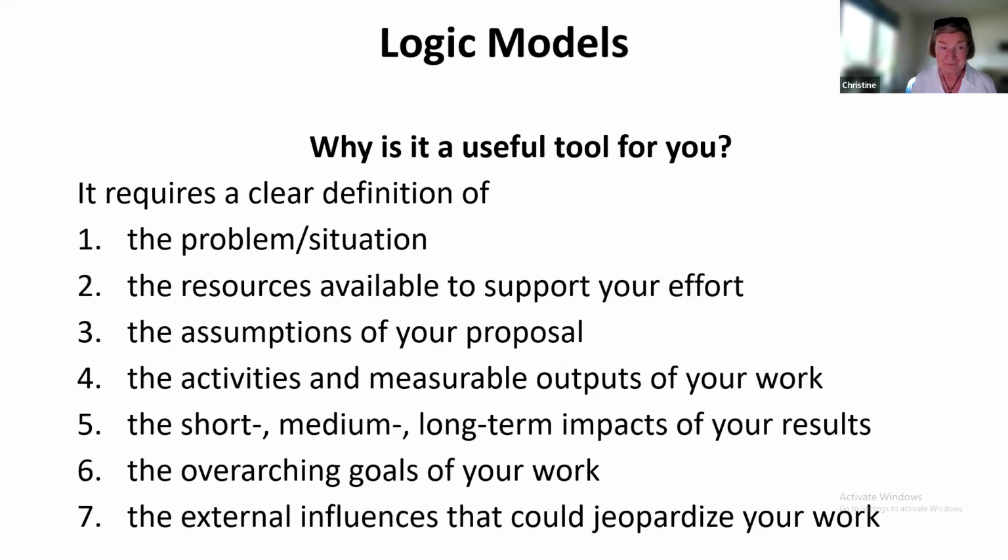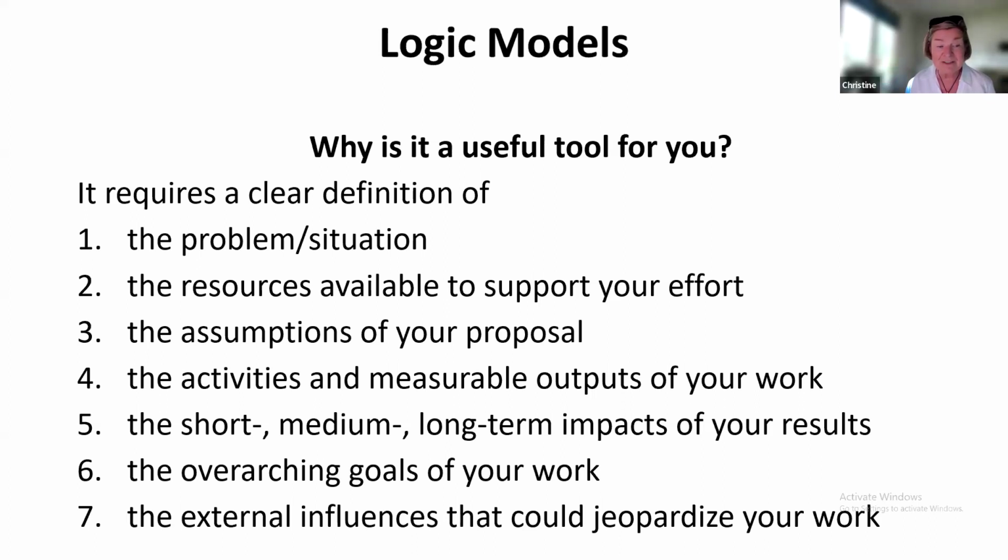So, in other words, you have to sit down with your team, with your stakeholders, and identify clearly in very few words, and you will see why you don't have much space. What is the problem or the situation? What resources are available to support our effort? What are our assumptions, our theory of change?